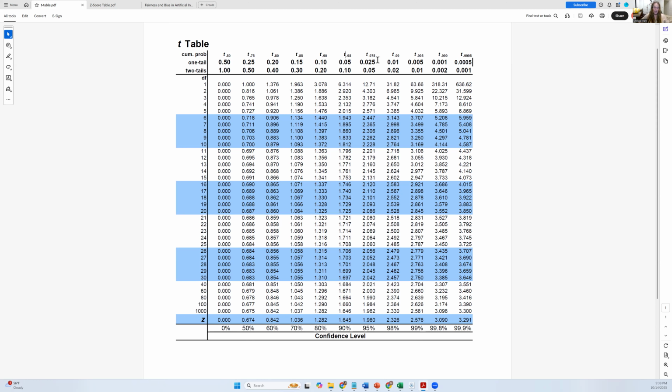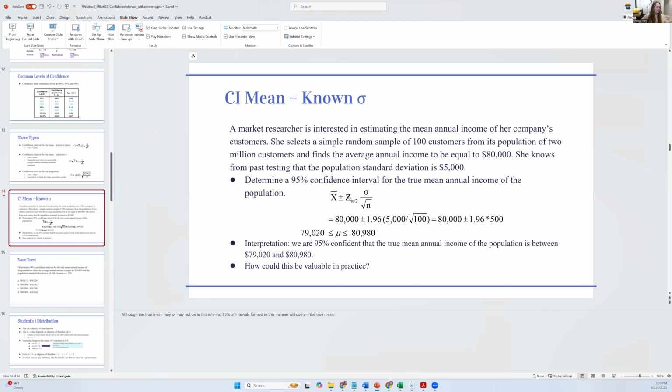we're going to use, in this case, if you recall, I said it's Z alpha divided by 2. So it is a 95% confidence interval, but you remember, you want the upper and the lower.